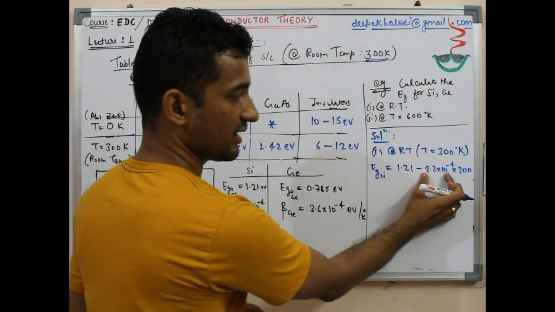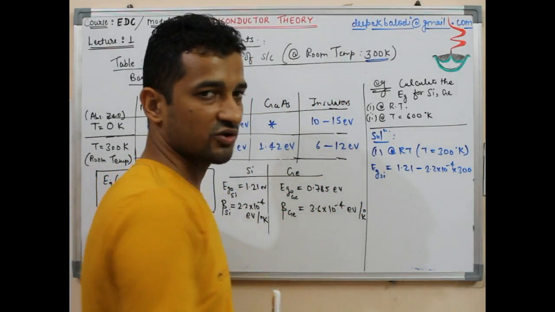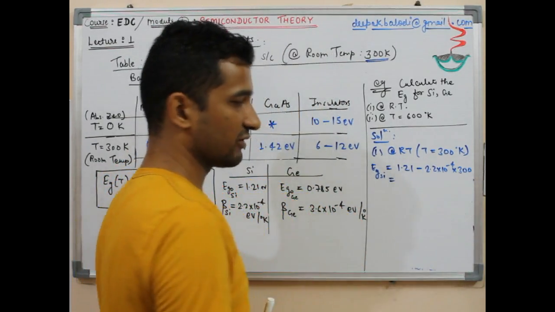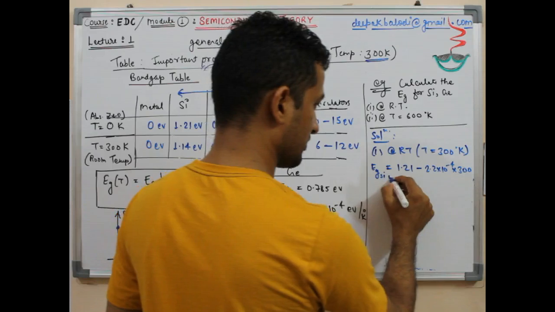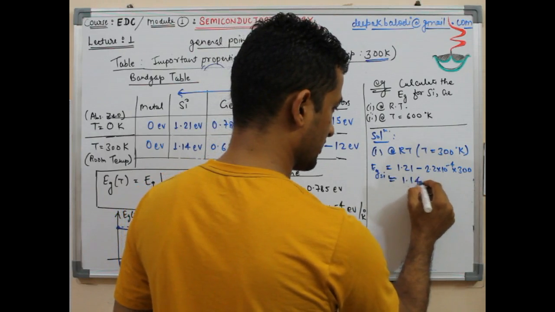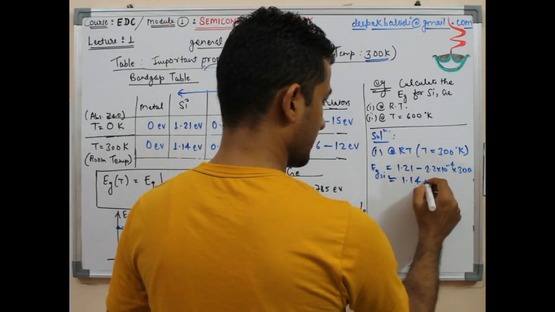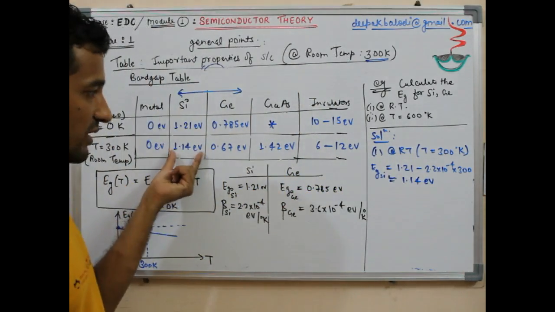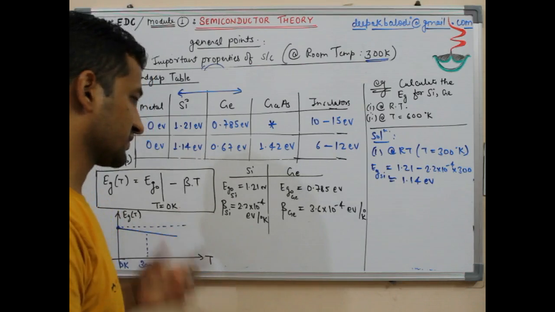This is already in electron volts per Kelvin into Kelvin, so one can try to find it. It comes to approximately 1.14, which we have already listed here. So you can cross check it. I have already calculated it, and it is verified.